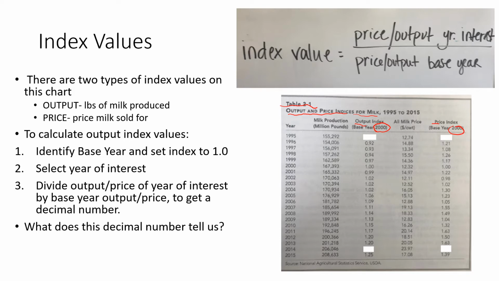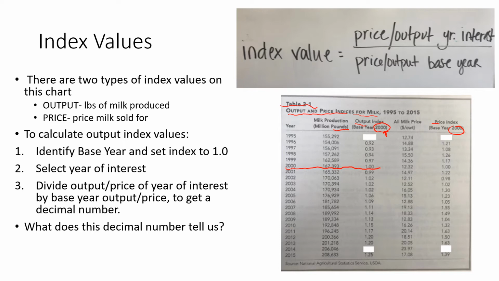When we're looking at output, we are looking at pounds of milk that were produced in that year compared to the base year of 2000. So the base year is given to us, it's told to us right there, and we can also tell what the base year is because 1.00 is always going to be the index value for the base year.